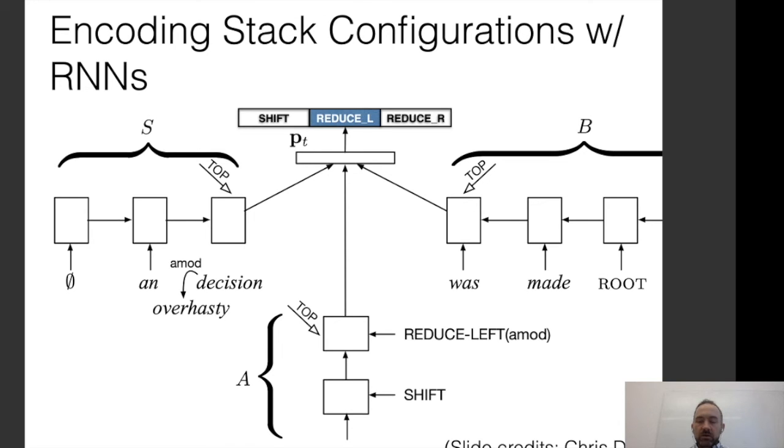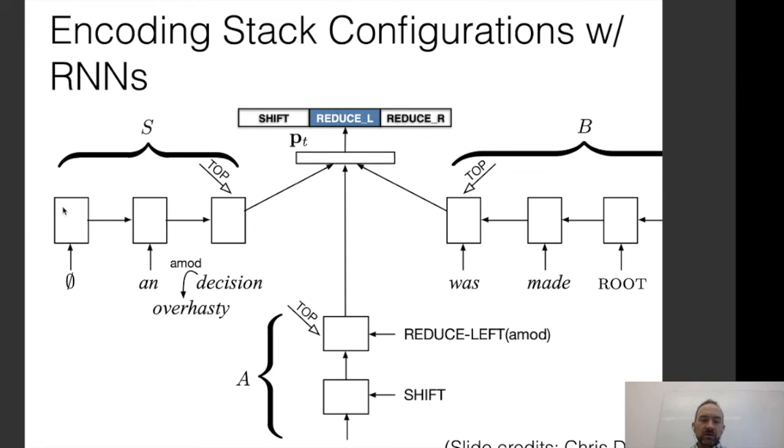And then it uses the encodings for all of these to make a decision over shift, reduce left, and reduce right. I'm going to go over this briefly because I don't want to go into too many details here. If you want, you can take a look at the paper on stack recurrent neural networks.